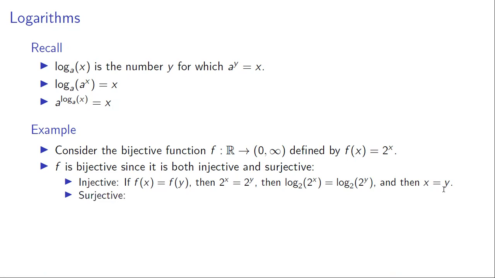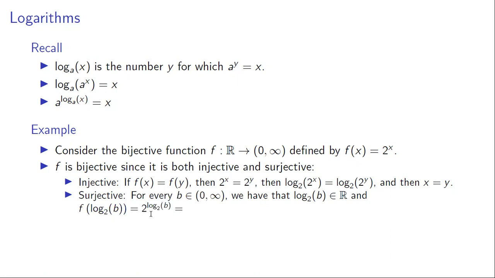Let's show that f is surjective. So for every b in the codomain of f, we have that log base 2 of b is a real number, so it's an element of the domain. And f of log base 2 of b, in other words, if we take log base 2 of b and send it as the input to f, that is going to be 2 to the power of log base 2 of b, right?